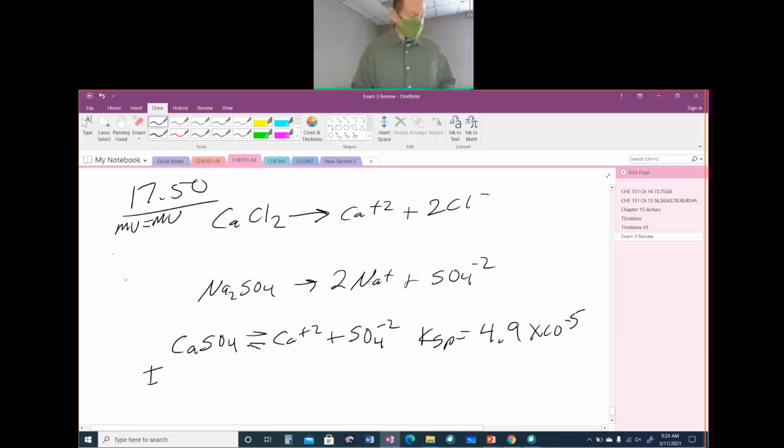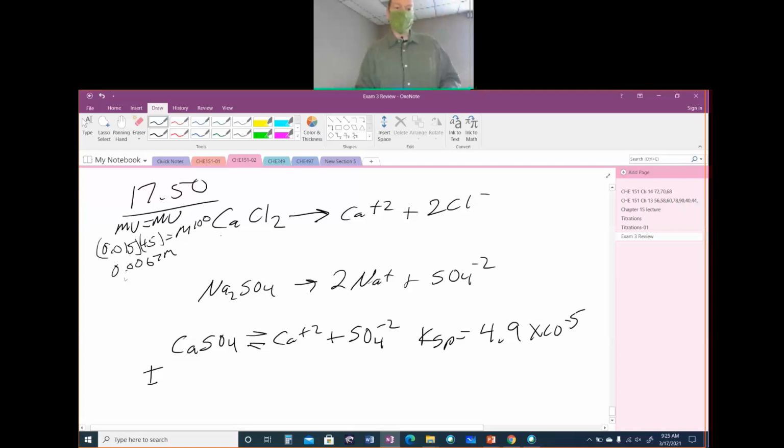So we put in a 0.015 molar. We put in 45 mils, but we added that to 55 mils. And so now you need your concentration after mixing. And that is 0.0067.